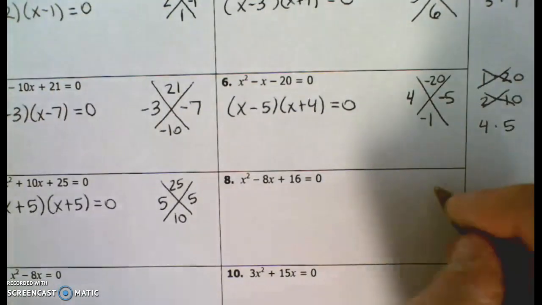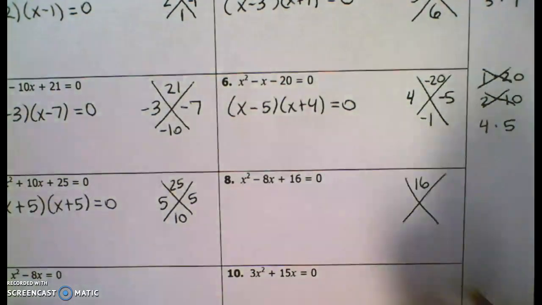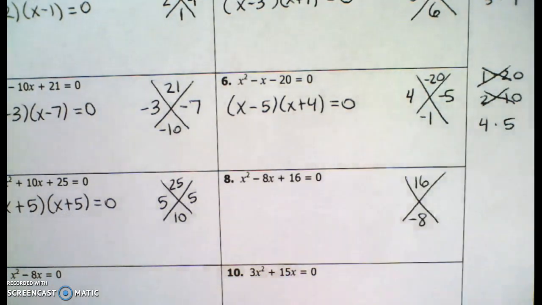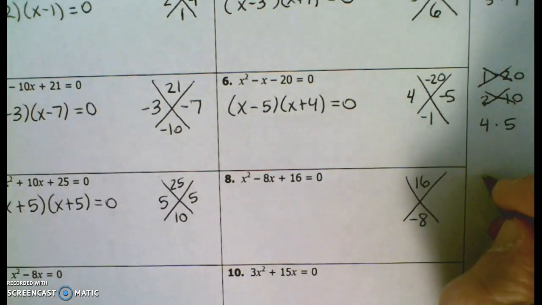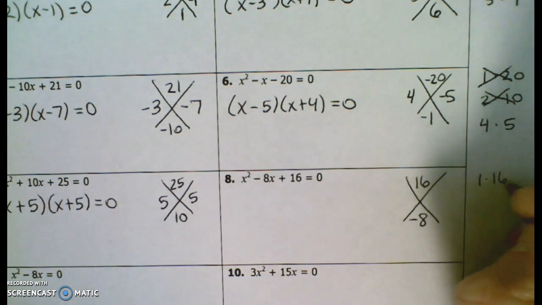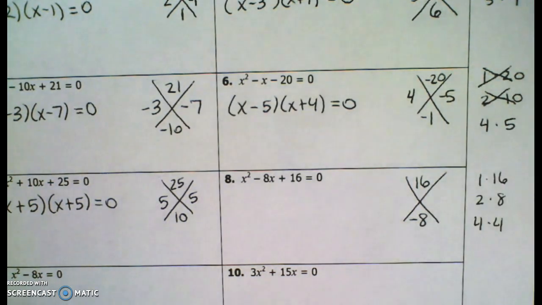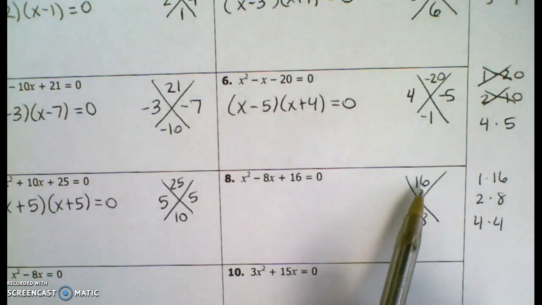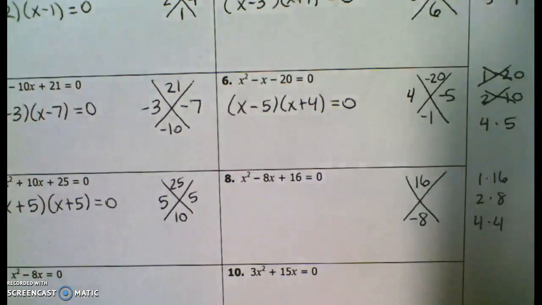Let's try the next one. So multiply to give you +16 and add to give you -8. So the numbers for 16, I've got 1 and 16, 2 and 8, or 4 and 4. So notice this number is positive and this is negative, so that means that my two numbers have to both be negative.